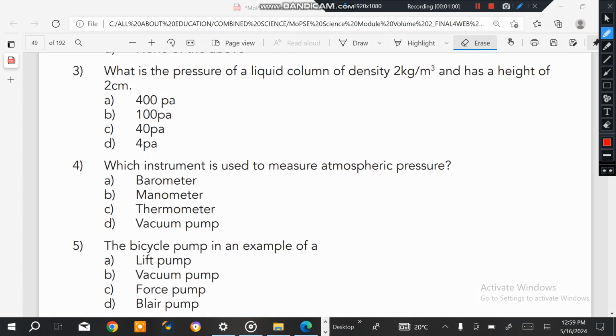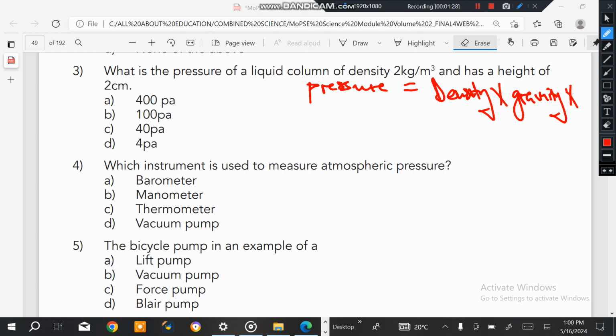All right, so this is pressure in liquids, and I told you that with pressure in liquids the formula is density times gravity times height.